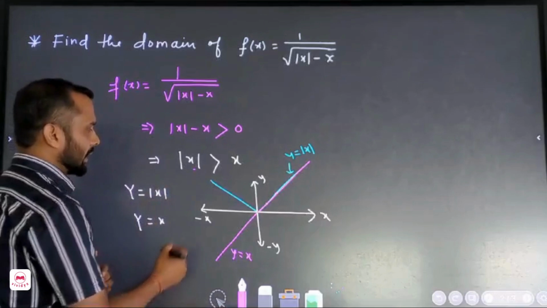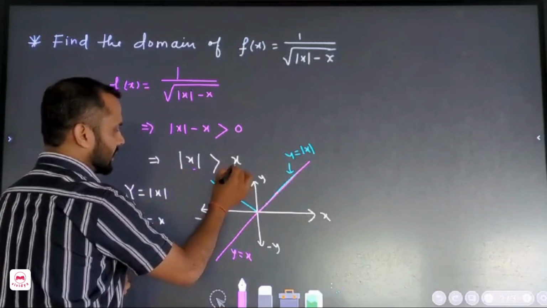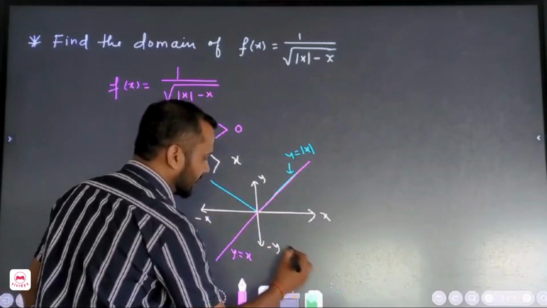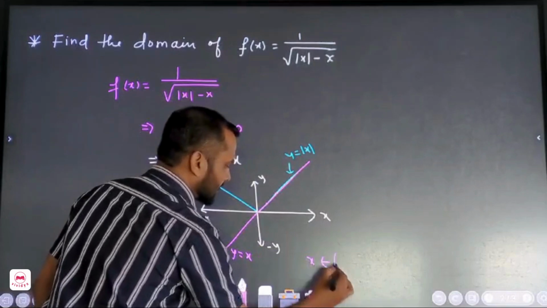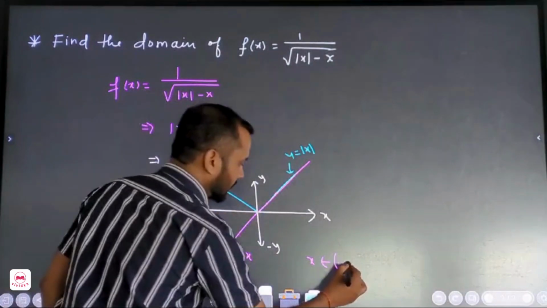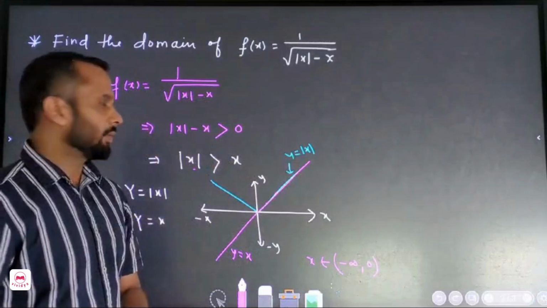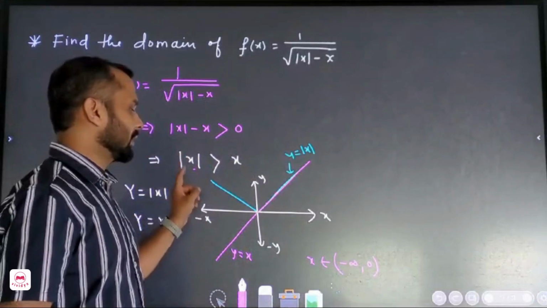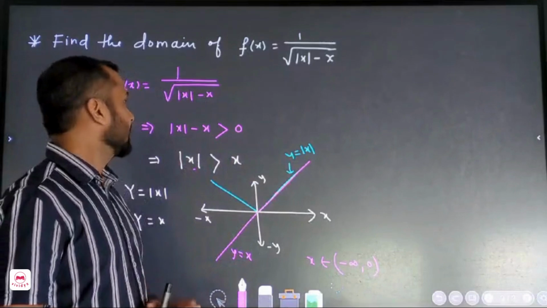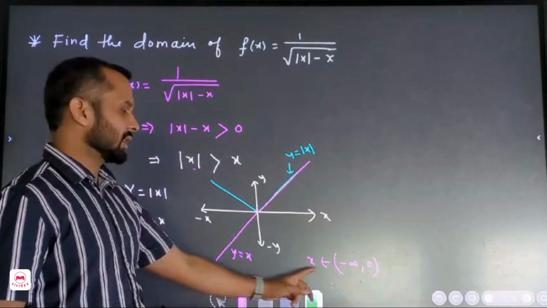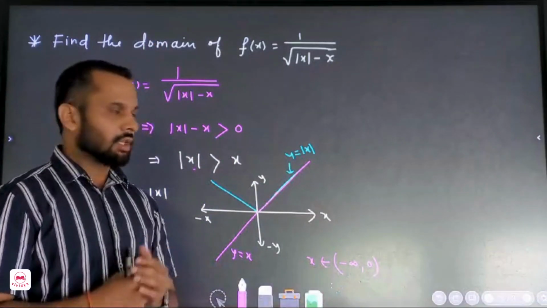So from the graph, if mod x is greater than x, I can write that set of values of x as minus infinity to 0. Minus infinity to 0 is the set of values of x for which this case is valid. Hence, the domain of this function is minus infinity to 0.